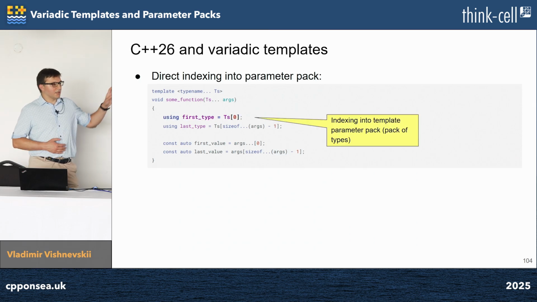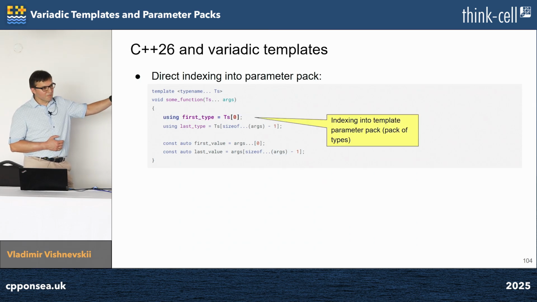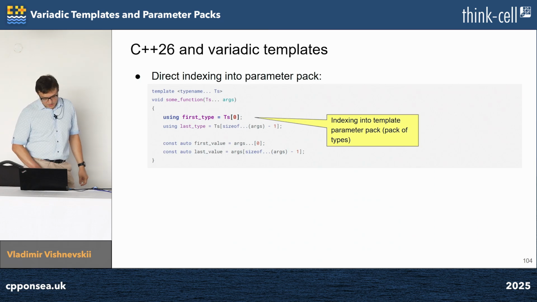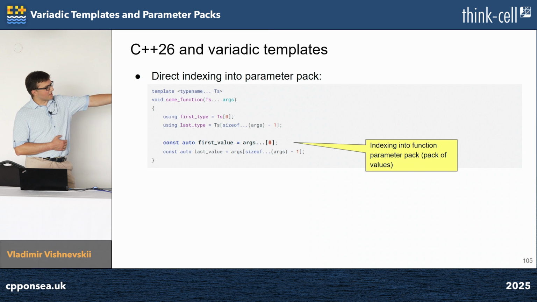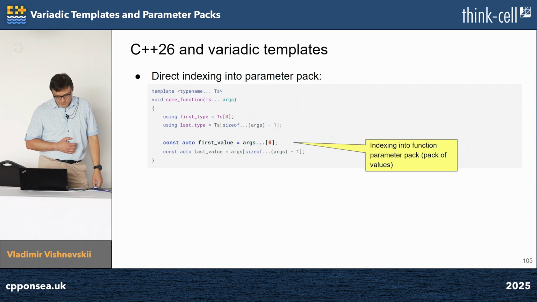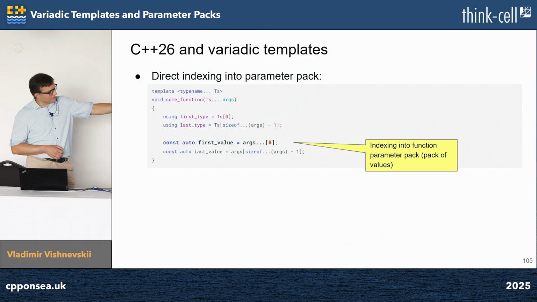So here, the template parameter pack can be inspected, so we can take an alias of the type, and also the function parameter pack can be expanded, so we can take a value of an argument. Those are all compile time constructs, but it is possible.